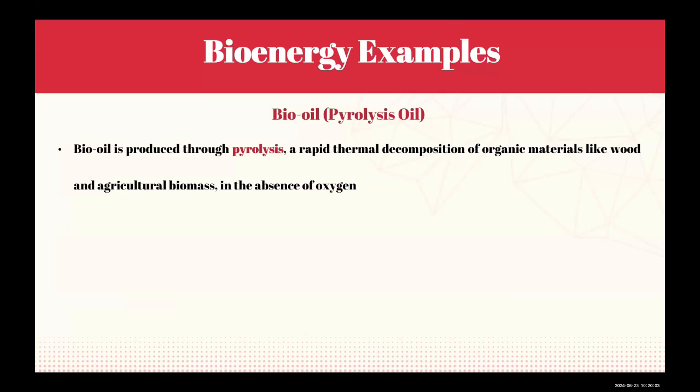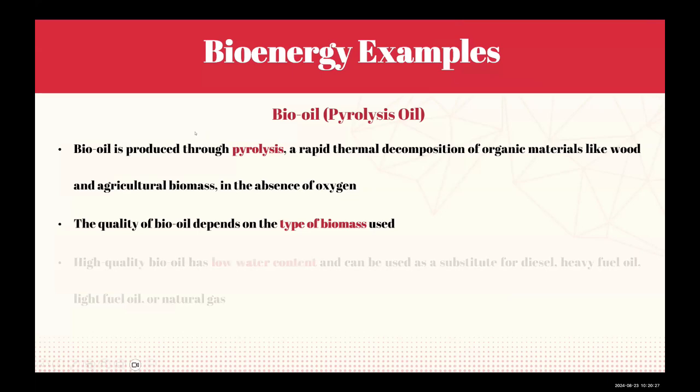This could also include plastic waste as a potential source for the pyrolysis oil. However, the quality of the resulting bio oil can significantly depend on the type of biomass used in the process. So if you've used plastic, for example, the quality of the bio oil is going to be significantly different than if we have used biomass.